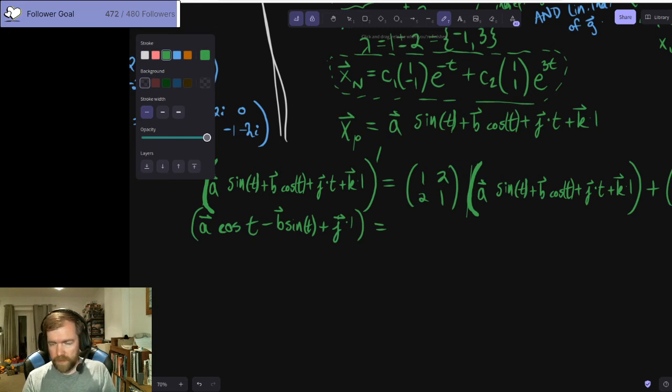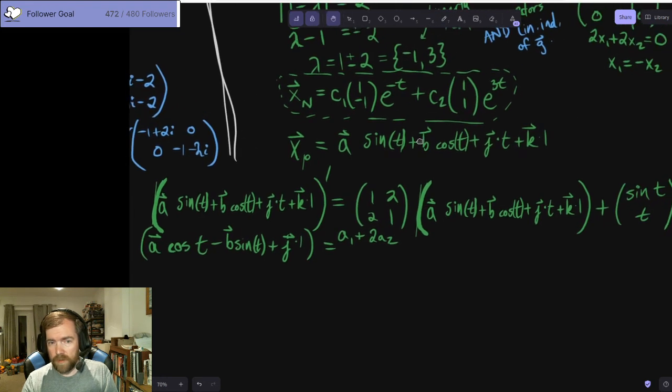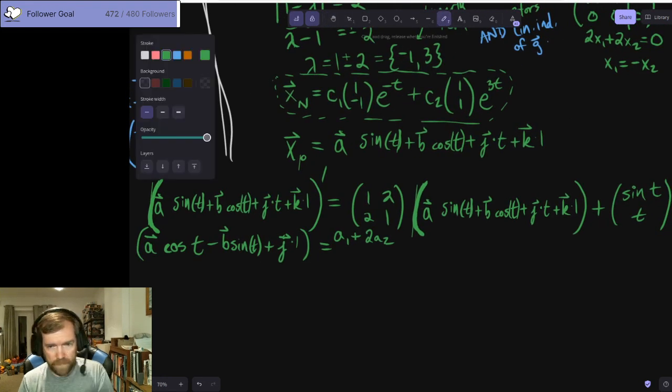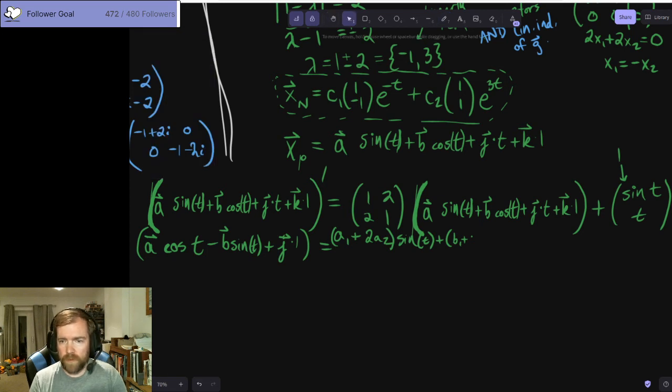All right, so in this particular case, this is going to be 1a1 plus 2a2, multiplied by our sine of t, plus 1b1 plus the 1 also from here.